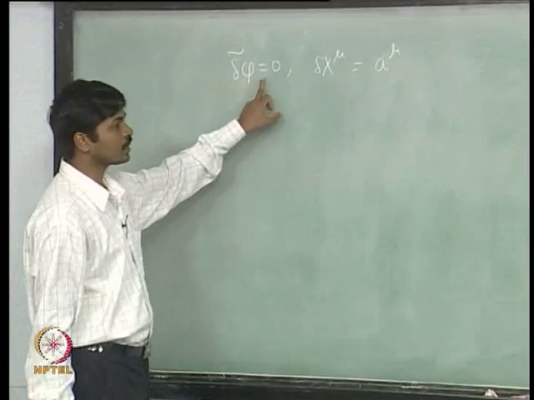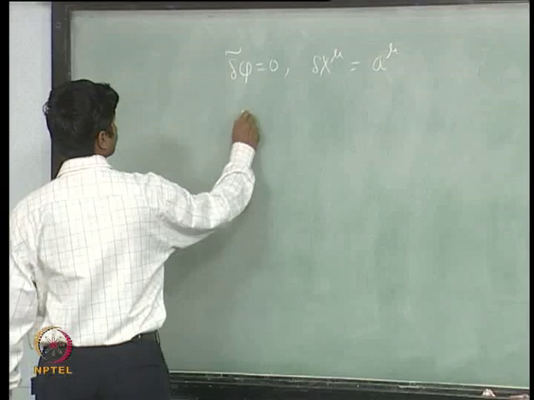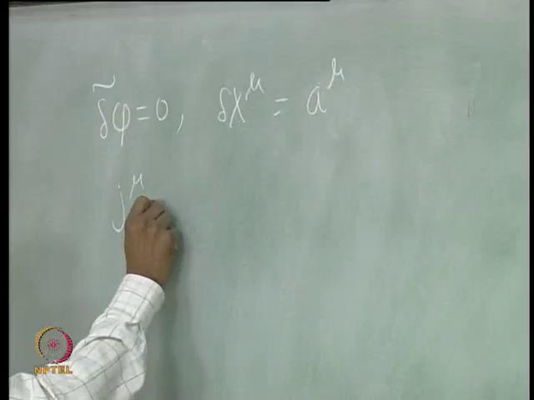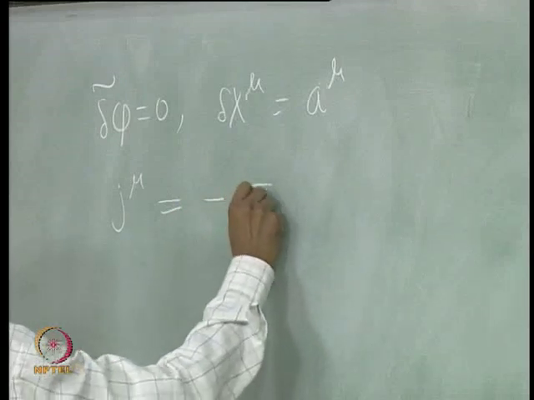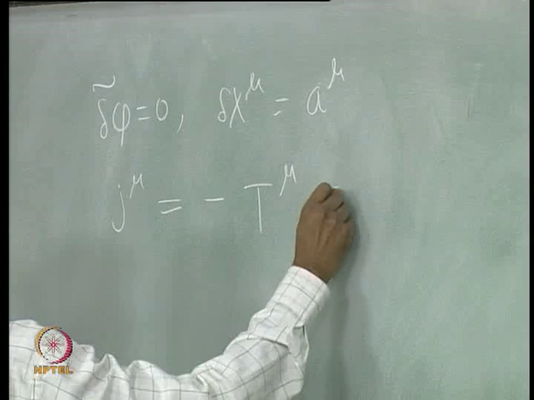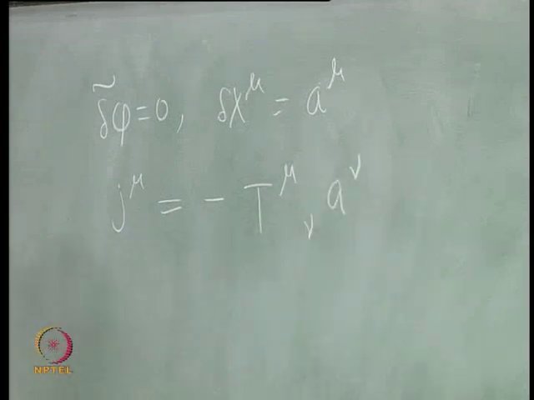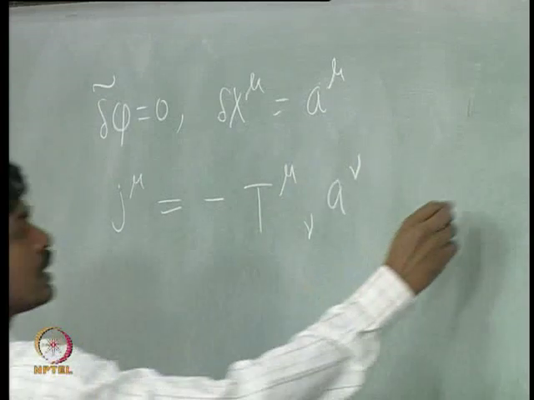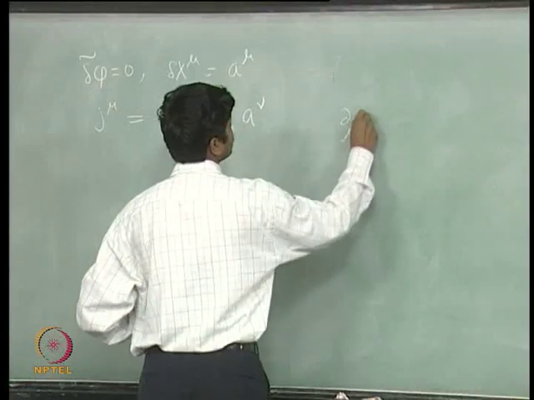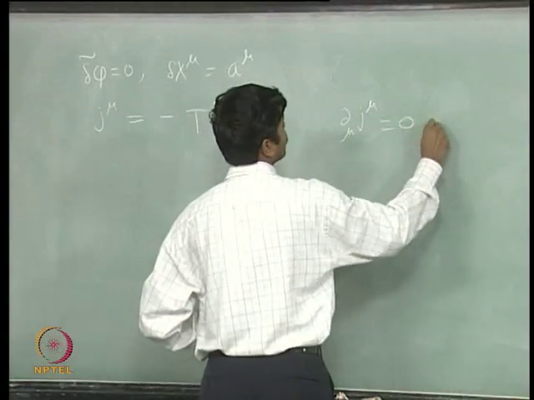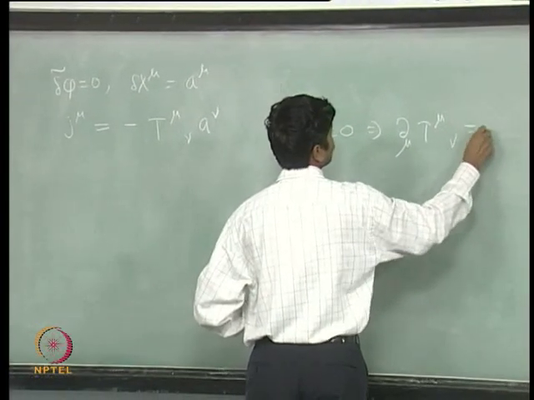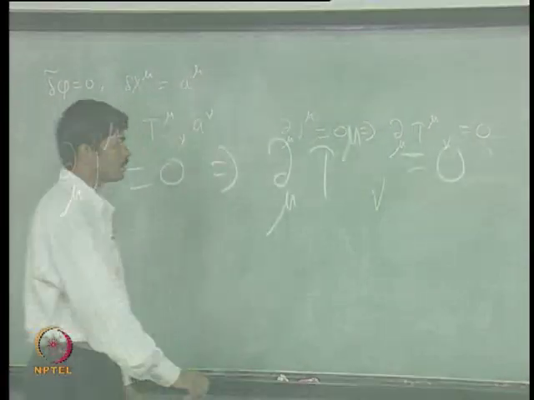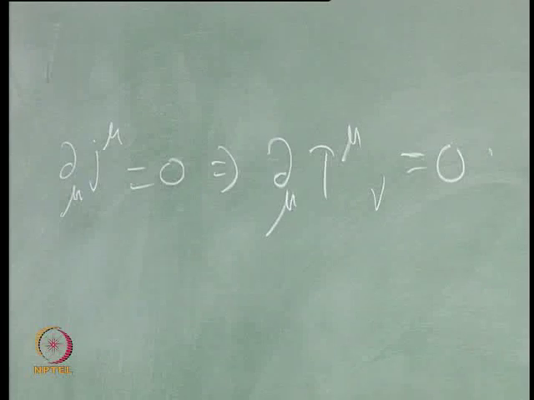For this transformation, our conserved current J^μ is equal to −T^μ_ν a^ν, and the conservation law ∂_μ J^μ = 0 simply implies ∂_μ T^μ_ν = 0. This is what we get.